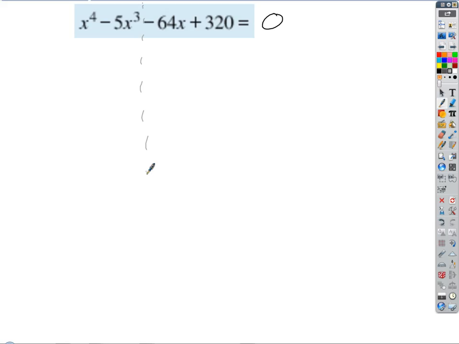How do I do that? Okay, take an x cubed, that'd be my greatest common factor from the first group. And then we're left with what?